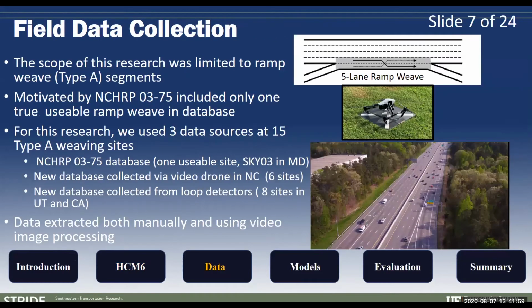So where did we get the data? The data collection, we decided to be also very appropriate is to pick one type of weaving segment, with what we call ramp weave or type A weave in the past. And essentially that's a weaving segment where each of the weaving maneuvers will have to make a single lane change to enter or exit the weaving segment.